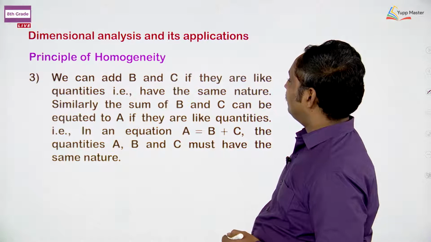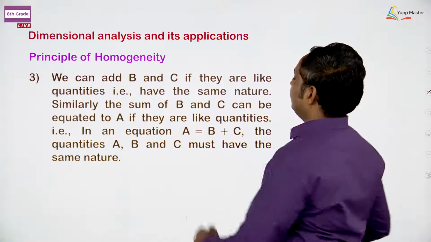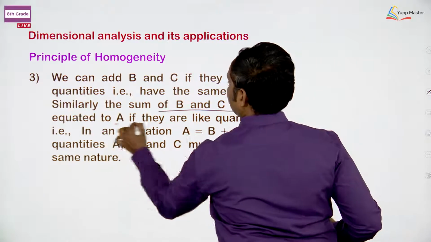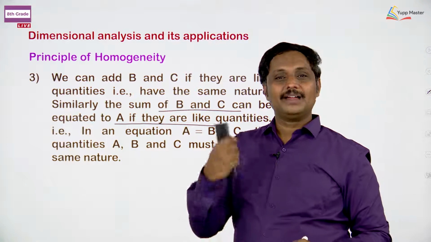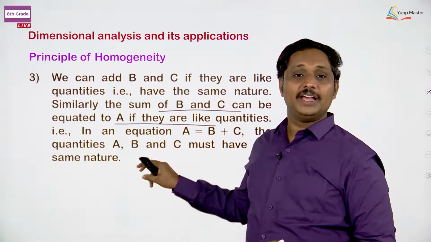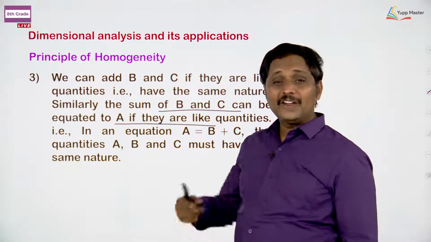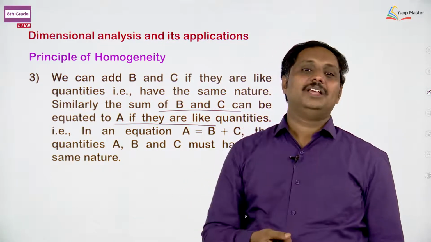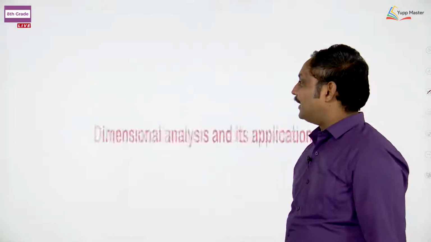We are going to have the same nature. Similarly, the sum of B and C can be equated to A if they are like quantities, unlike quantities and like quantities. If they are going to be like quantities, they must have the same nature. That is the reason we are going to write A is equal to B plus C. Right, let's go for another one.